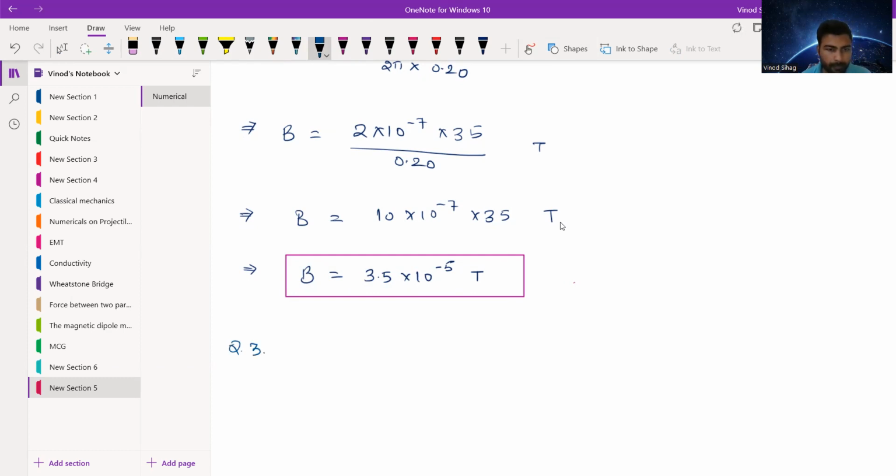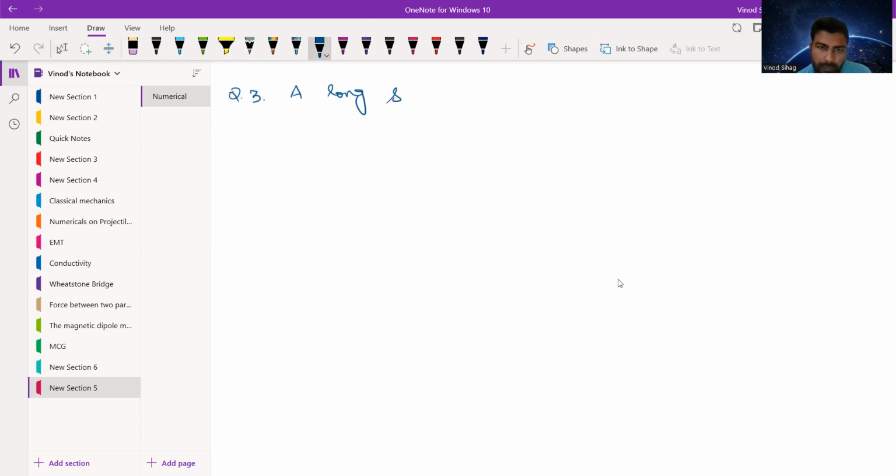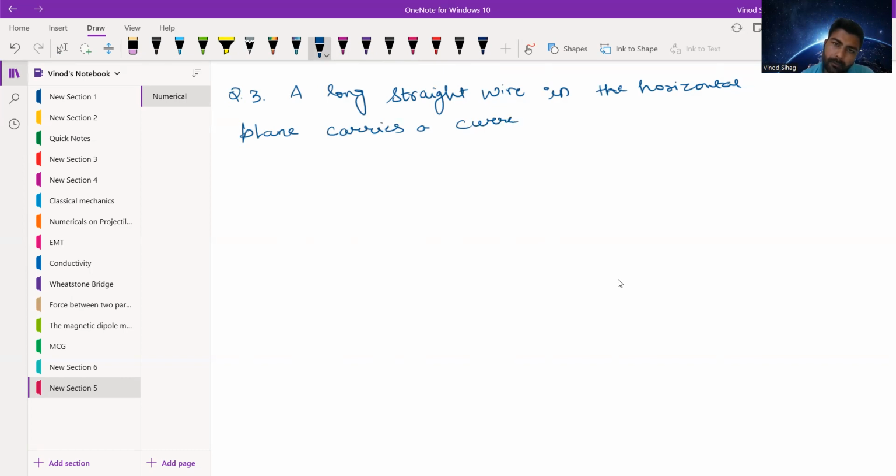A long straight wire in the horizontal plane carries a current of 50 ampere in north to south direction.